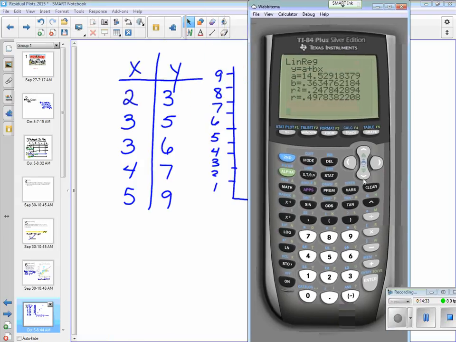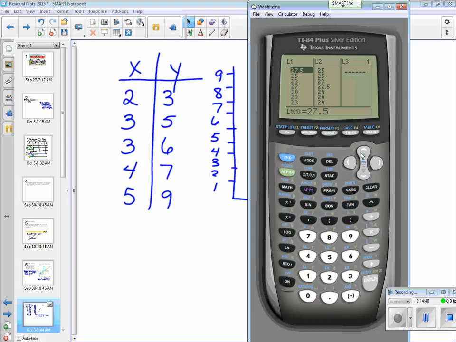So we're going to go to our stat. We're going to edit. We're going to clear out any values that are there, making sure you never delete, always clear. You can always go to clear list and it will do it for you as well. And we're going to put in our values. Remember, these are bivariate data sets, so we're never going to unpair them. We're never going to sort the list individually.